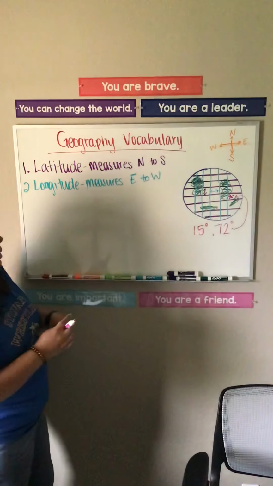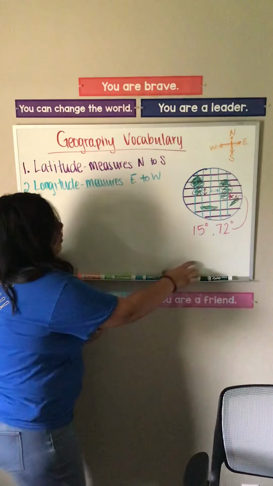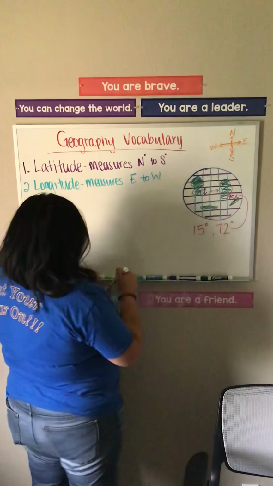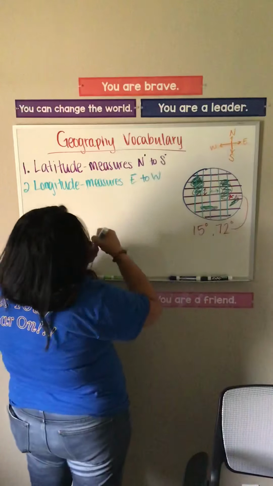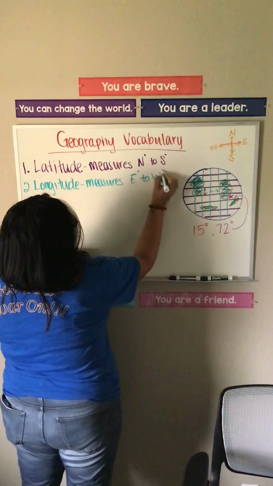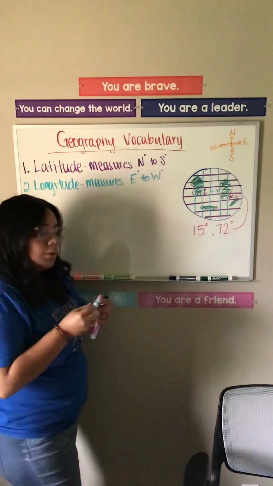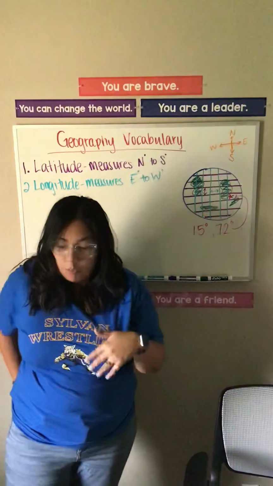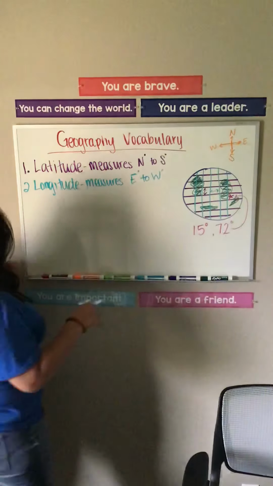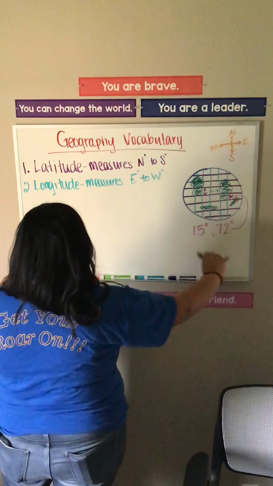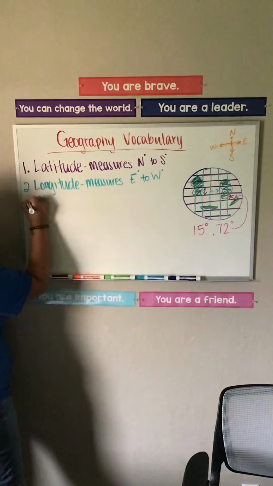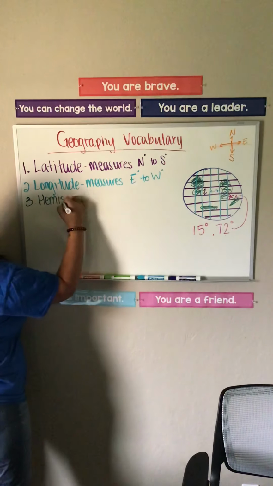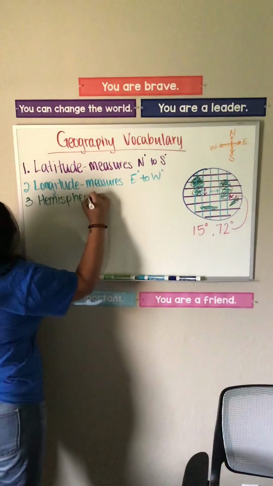And so these are both measured in degrees, so I'm just going to add that up here. Degrees, degrees, these are also degrees. It also makes it easier because there's a term that we use to divide the globe in half. This is called a hemisphere.